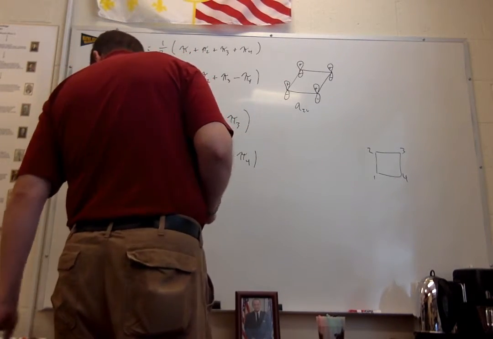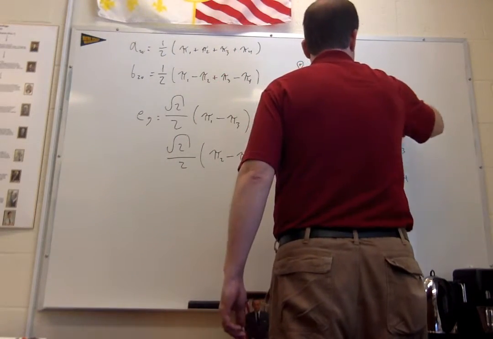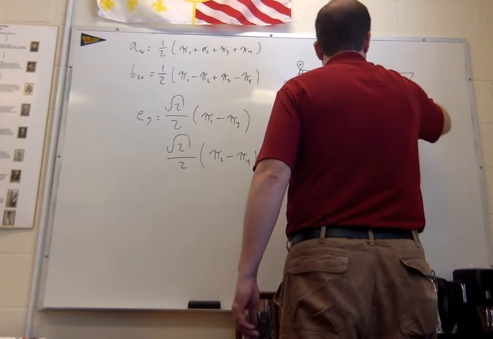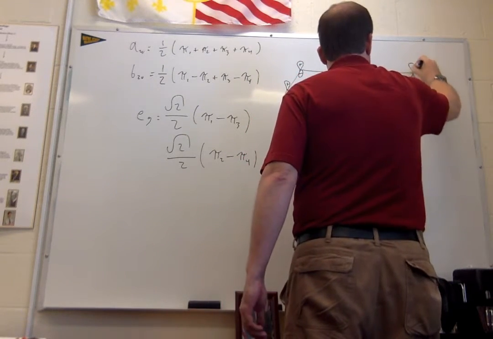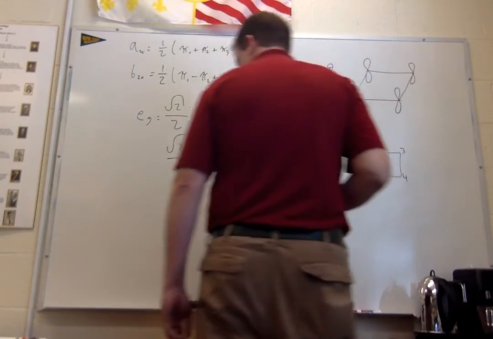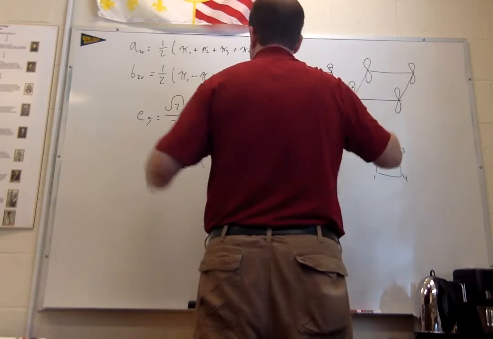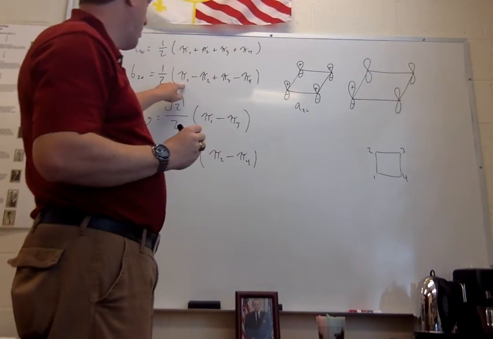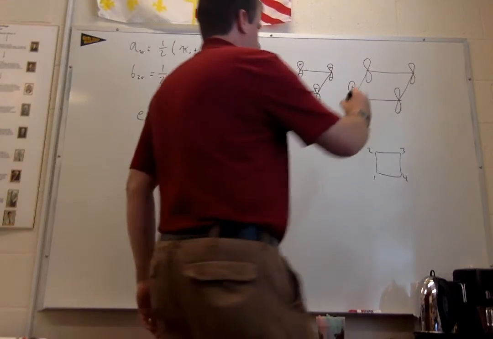What does B2U look like? Well, if in position 1 we have a positive magnitude, in position 2, which is the corner in the back there, it's the reverse.